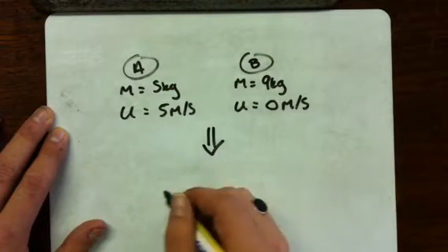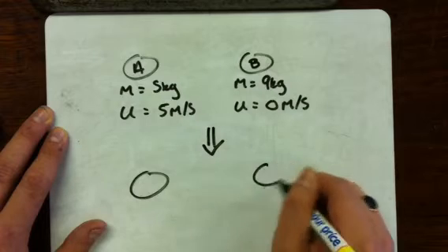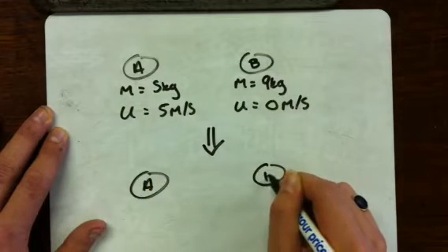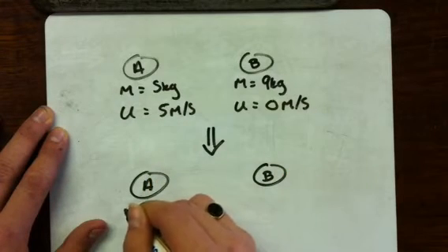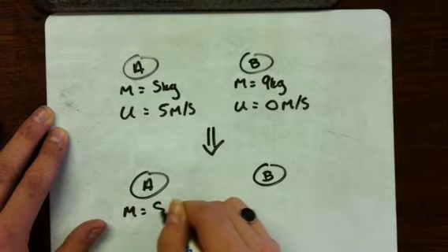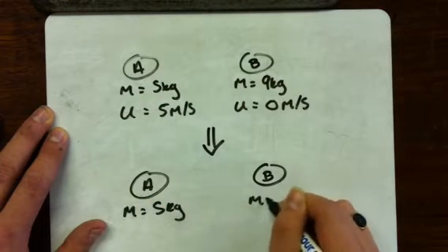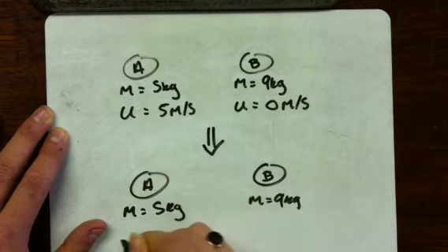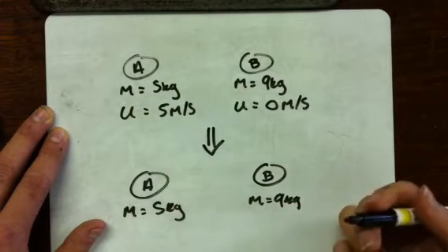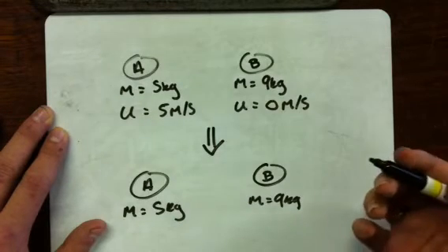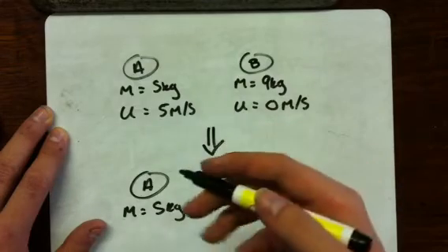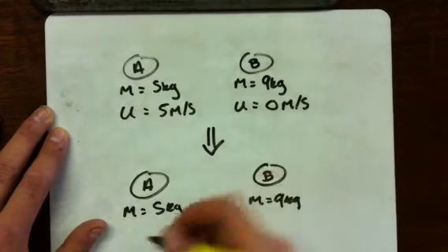So, we finish off the diagram. A and B keep their original masses. So, the mass of A is still 5 kilograms. The mass of B is still 9 kilograms. We've got 100% transfer of momentum, which means that A no longer has any momentum. Its momentum is 0, so it has a mass and its momentum is 0, so its velocity must be 0.